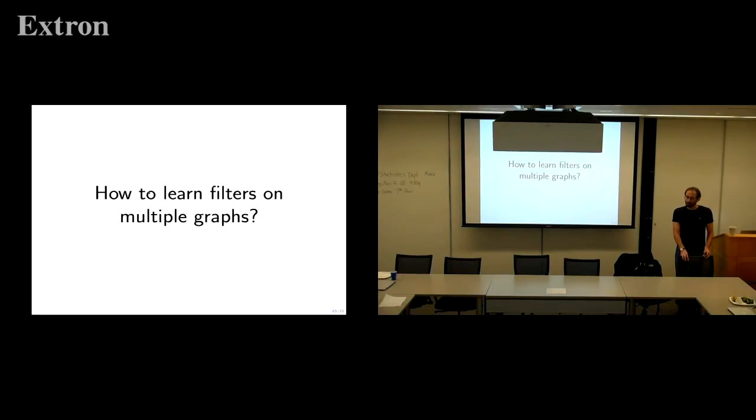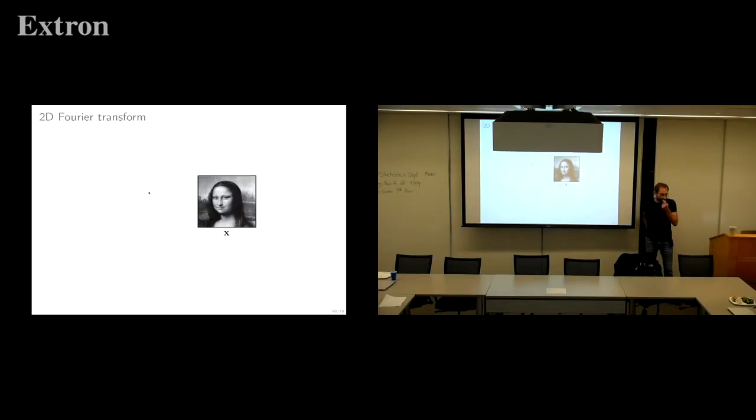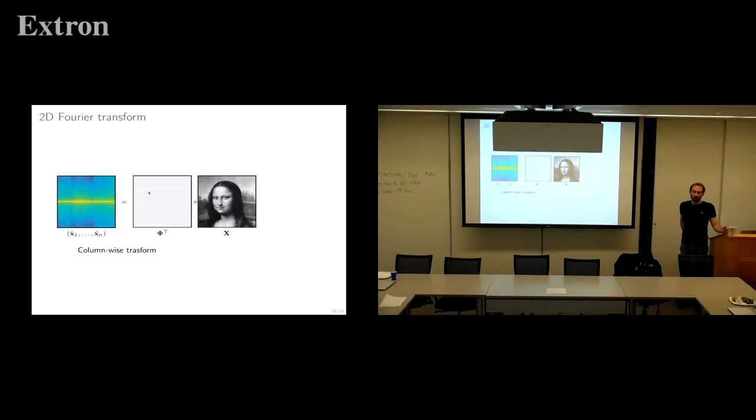So if before the main ingredient of filtering on a graph was a convolution, here it's a kind of two-dimensional convolution, right? Because we have two graphs. So let's remind ourselves what a two-dimensional convolution is. If you want to do a Fourier transform of an image, how do you do it? You usually do a column-wise Fourier transform and a row-wise Fourier transform, right?